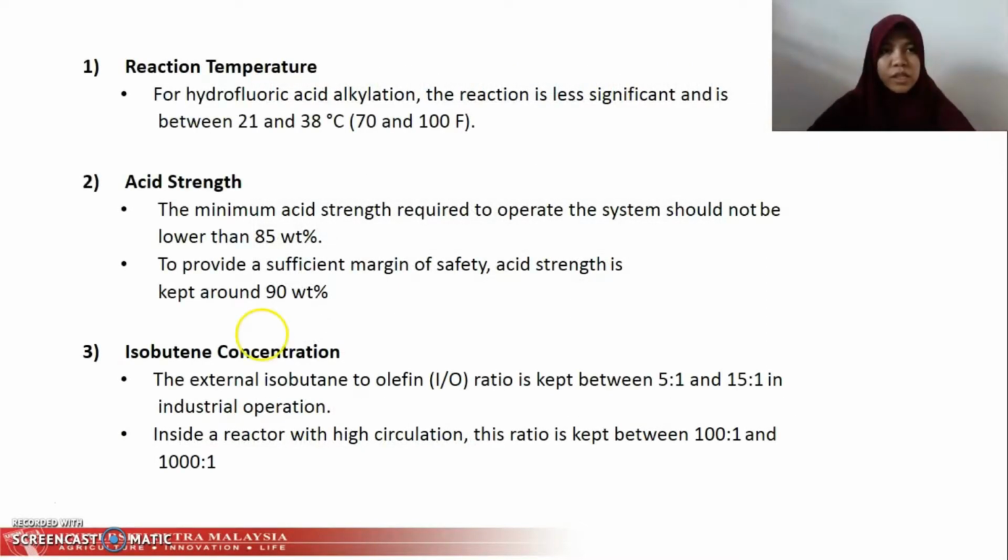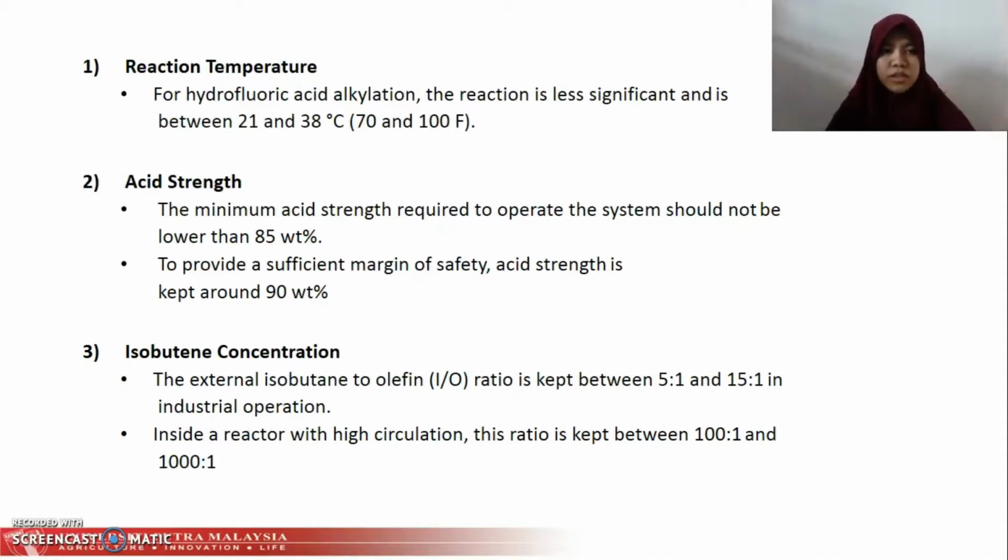For reaction temperature, for hydrofluoric acid alkylation, the effect is less significant and is between 21 and 38 degrees Celsius. For acid strength, the minimum required to operate the system should not be lower than 85 weight%. To provide a sufficient margin of safety, acid strength is kept around 90 weight%.